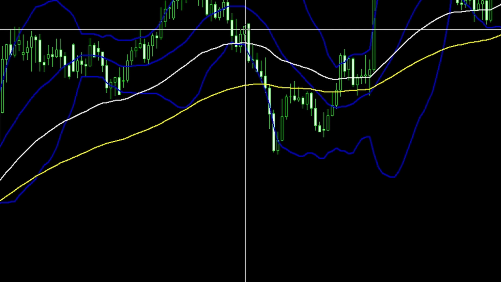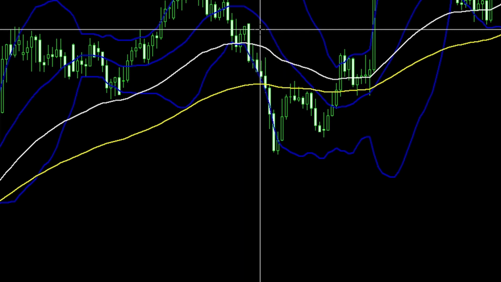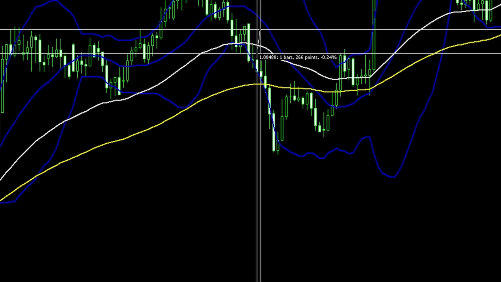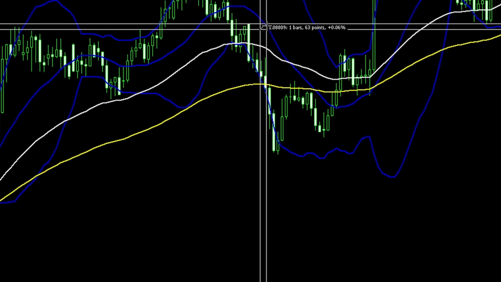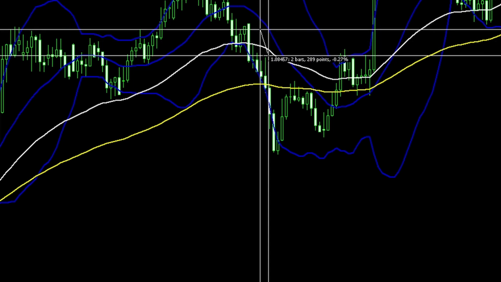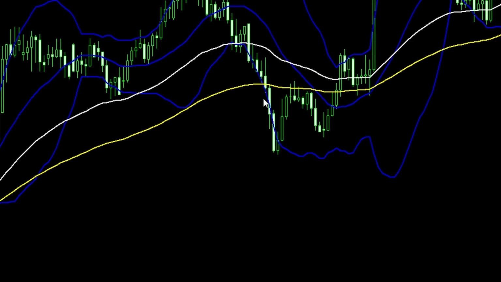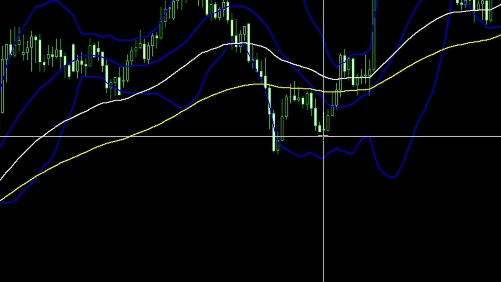So we can see there's an upward candle here that would have crossed that entry point. But with a stop loss down here at 272 points, the price never reached that and would have gone on to lose.